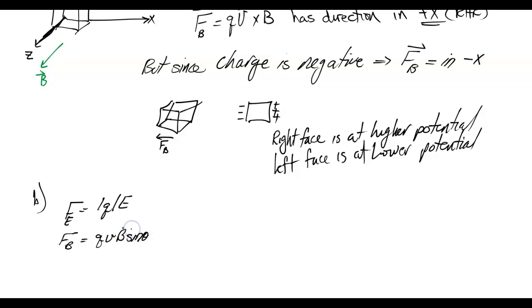These are magnitudes, of course. And because V and B in this case are perpendicular, it implies that the magnetic force is just going to be QVB.